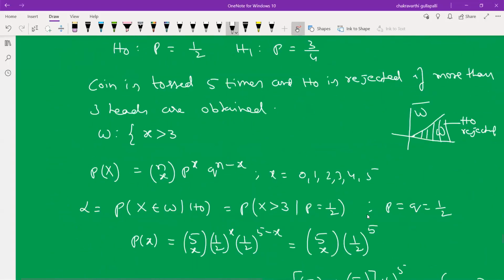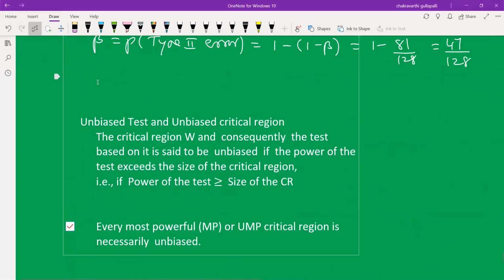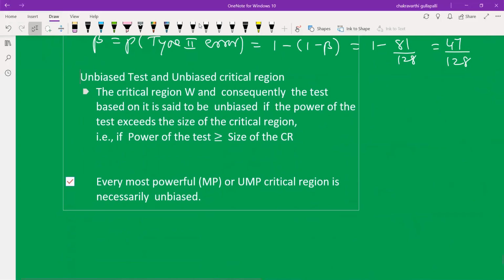Next, the last one, the important definition is unbiased test, unbiased critical region.